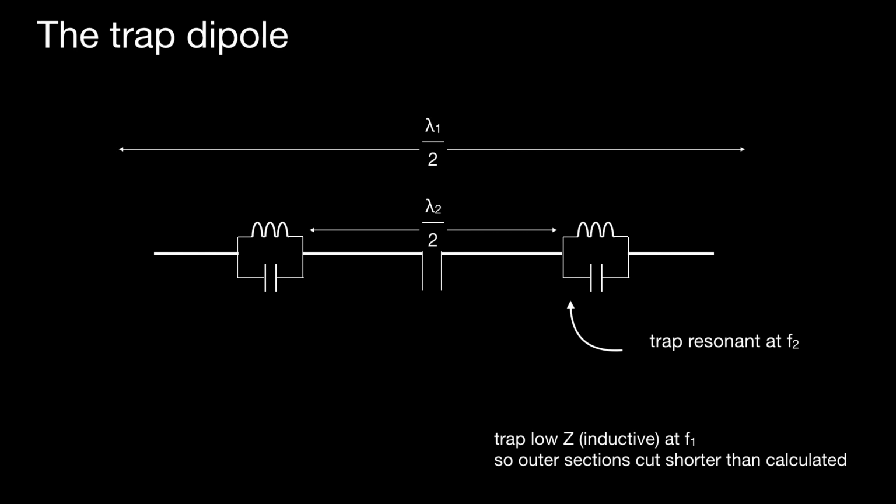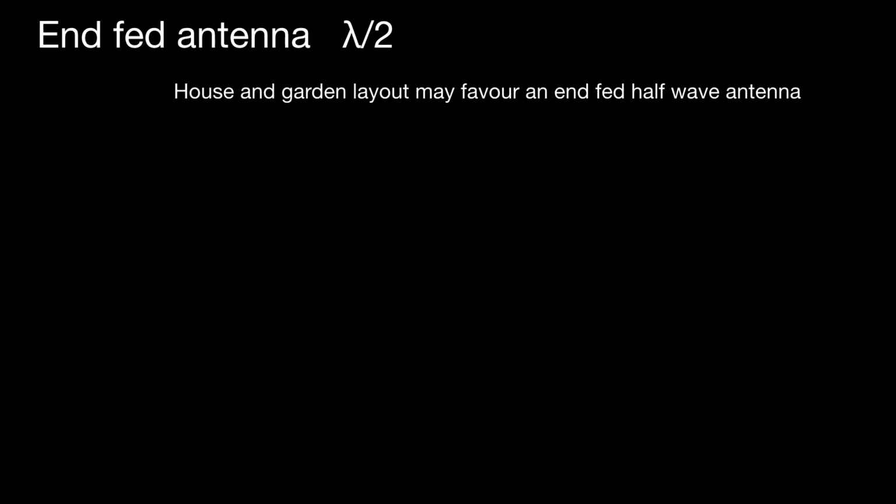Okay, moving on then to end-fed antennas, and let's have a look at the end-fed antenna. Now you would use the end-fed antenna when the house and garden layout favours that sort of construction.